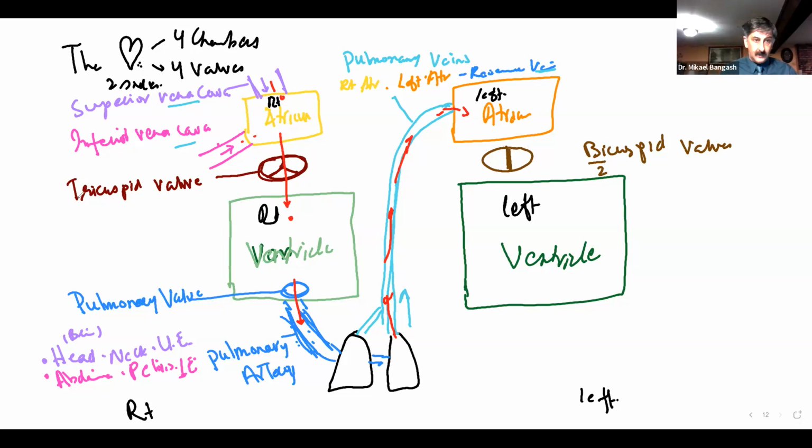Here we call this one tricuspid because of three. Did you get that? Yes. Okay. We'll talk a bit about the cusp thing in just a little bit.